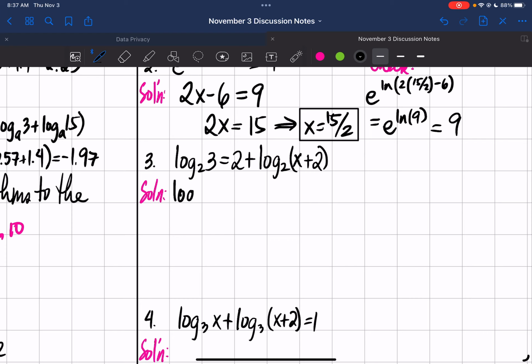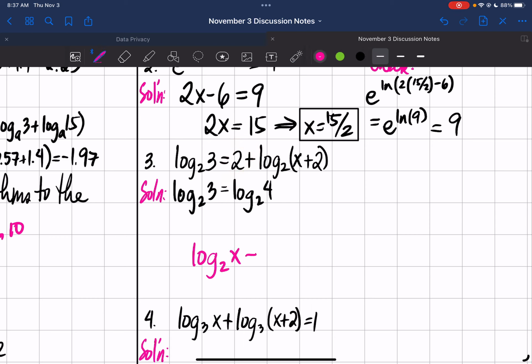Or, we can do it this way. We have log of 3 base 2 equals, the 2, we'll write it as a logarithm base 2. And this one, class, is actually log of 4 base 2. So, why did it become log of 4 base 2? If we look, the goal is to write the 2 into something of the form log of x base 2.